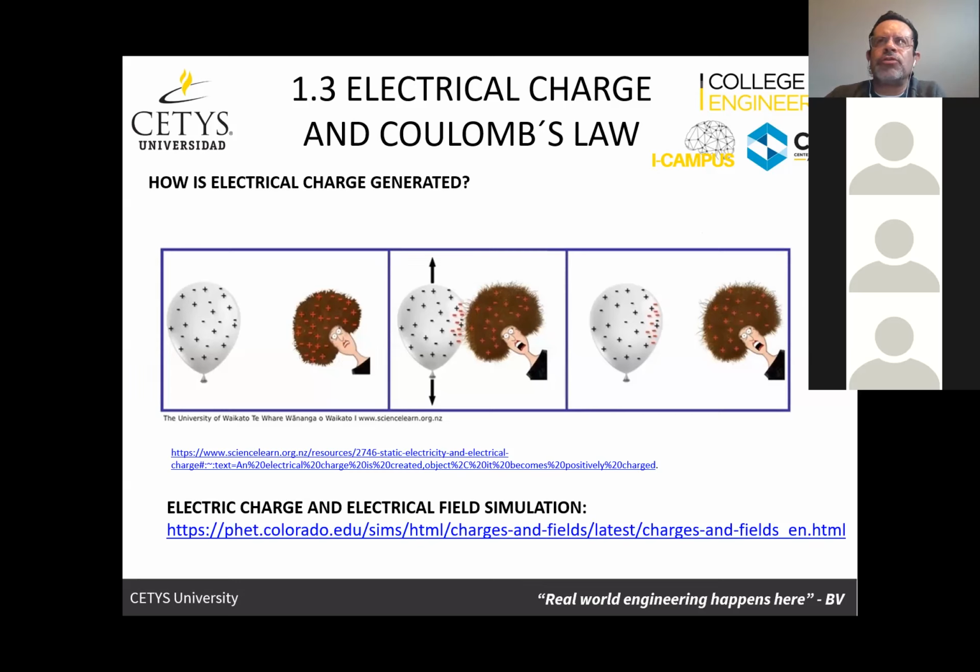So we're going to use the term generated, not as a synonym of created, but generated means transmitting electrical charge, or having something become electrically charged.